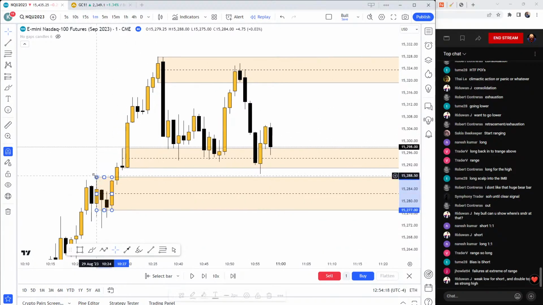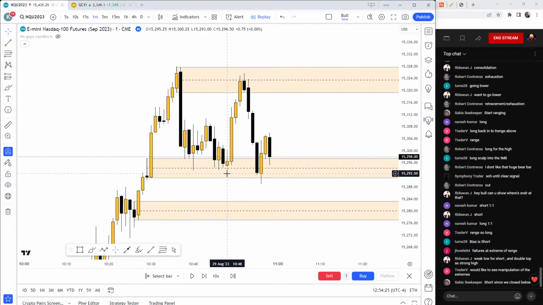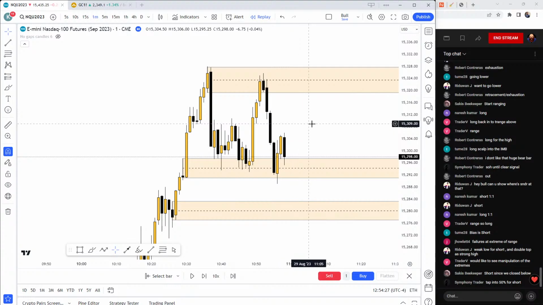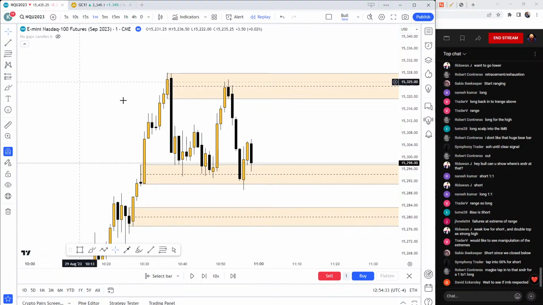Did this trade into our range here? It did not. Weak low for short. We just took it. Short since we closed below. Okay, 50% for short.